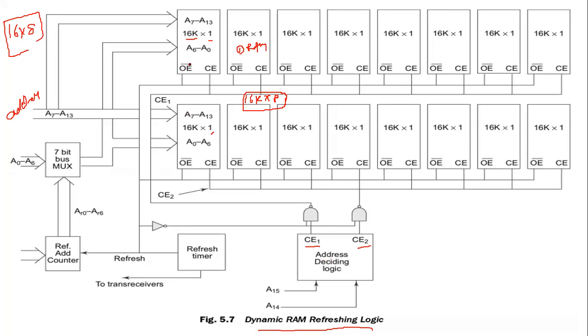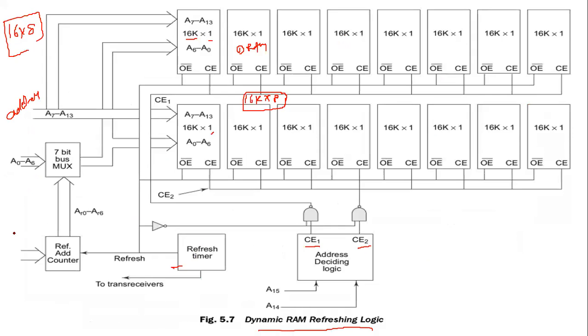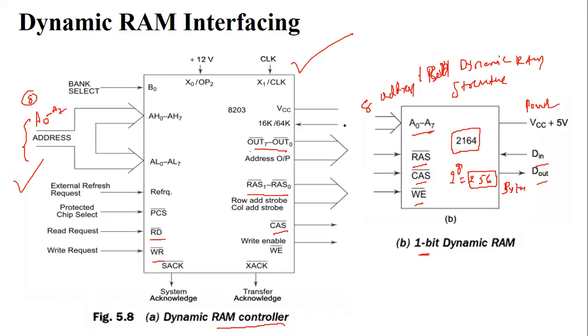Then OE, output enable, is connected to this refresh timer. The refresh timer is connected to this part, which we already drew. The reference address logic is available in this.